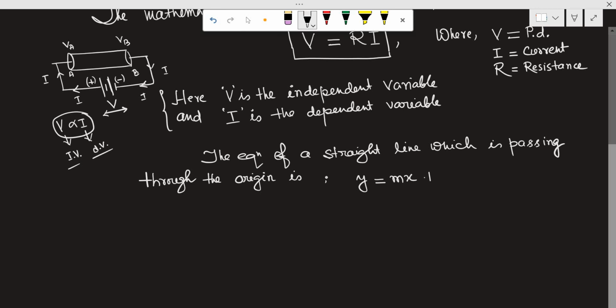Actually, the equation is y equal to mx plus c. Since the straight line is passing through the origin, c becomes 0. So the equation appears like this: y equal to mx plus c becomes y equal to mx.